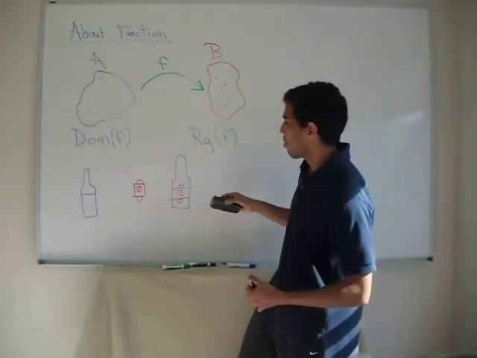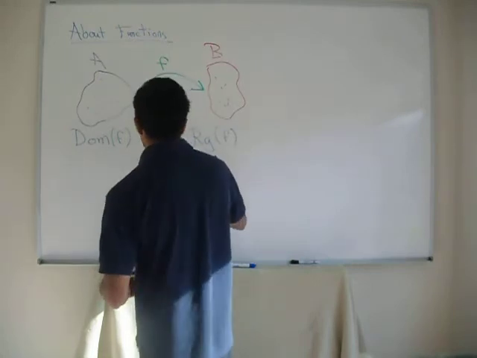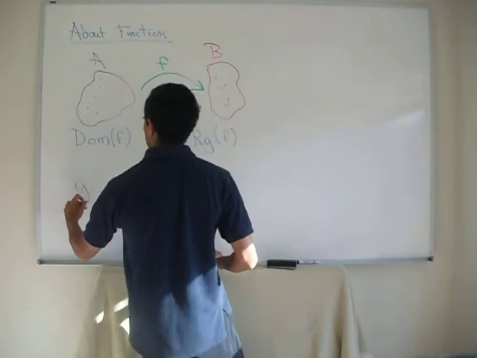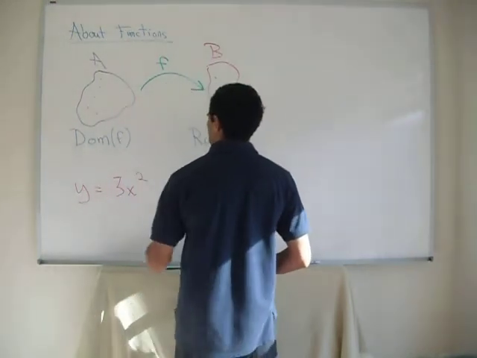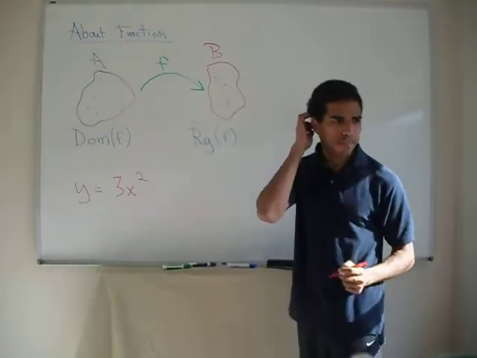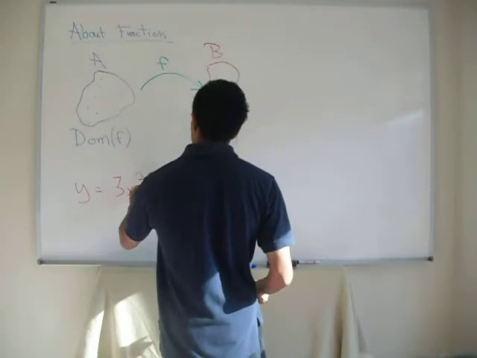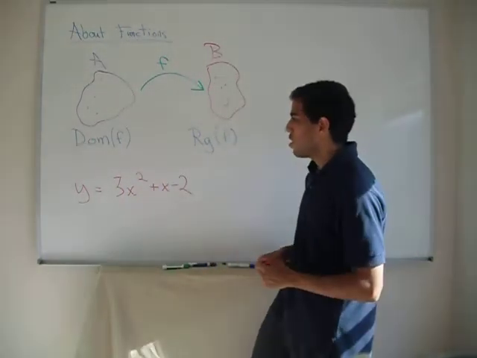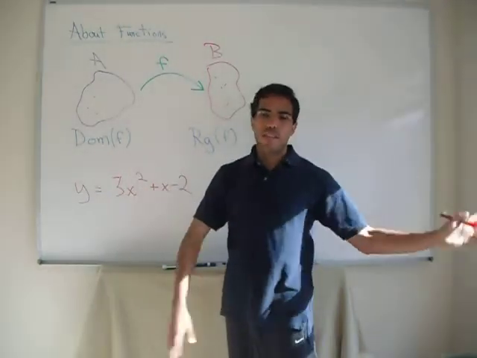There's an example I'm going to bring up. Let's say a simple example, a quadratic function, and we're going to deal with that in another video. Let's say we have 3x squared, let's do something like 3x squared plus x minus 2. Okay? So it's just as simple as that, okay? I have a bunch of numbers, and the numbers are all across the universe.